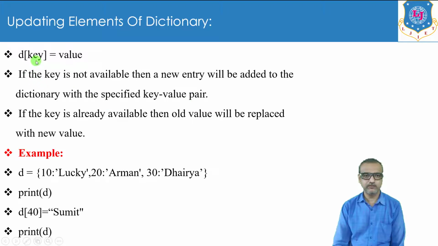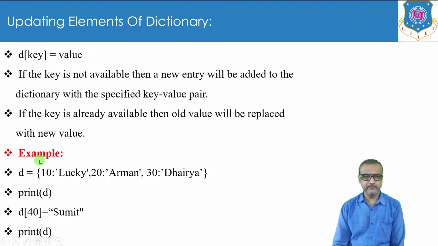If the key is not available, then the value will be assigned to the key. If the key is already available, then the old value will be replaced with the new value. If this key is already available in the dictionary, what will happen in that case? A new value will be assigned to this key.